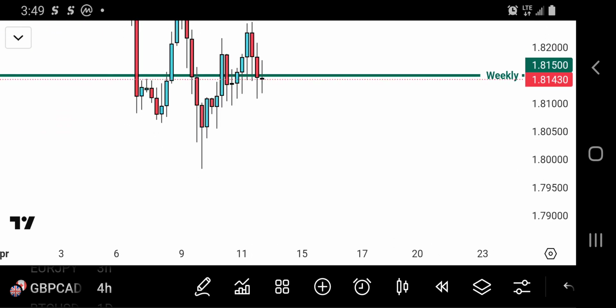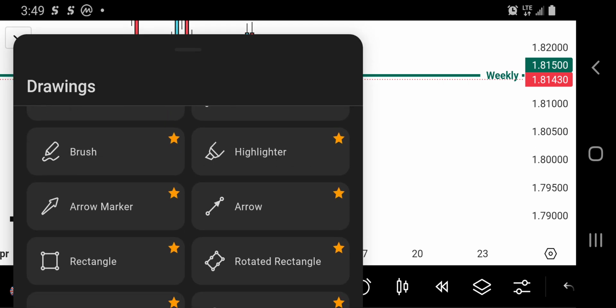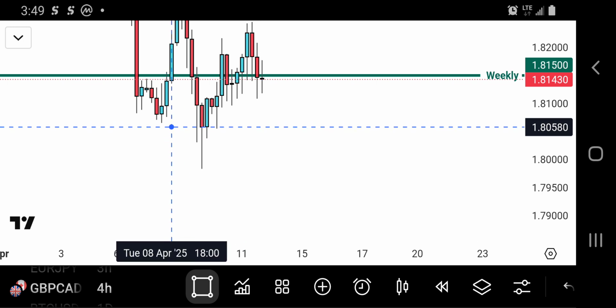If you want to take your shot, then this is what you want to do. On the 4 hour, I'm going to be using zones. Right here, I would like to see the market break out of this area.